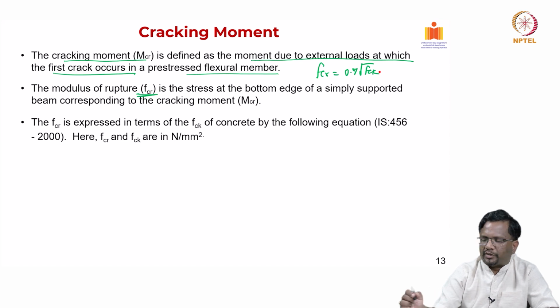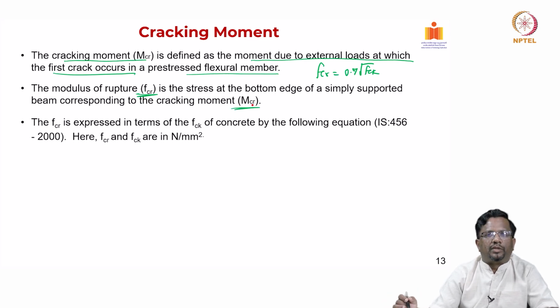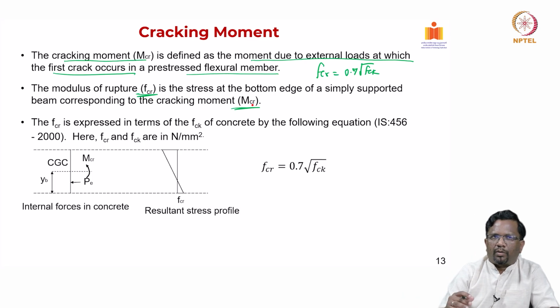For example, for a simply supported beam, fcr will be reached at the bottom fiber, and then you can calculate the moment that it can withstand at that point of incipient cracking.